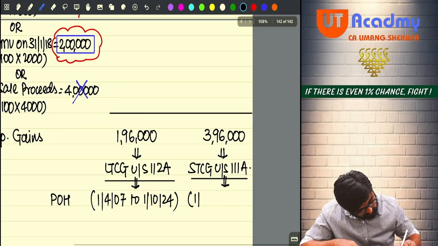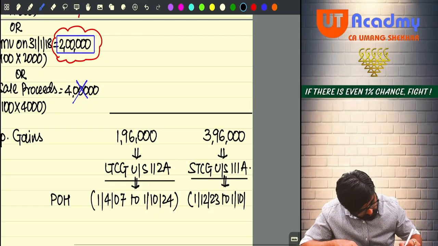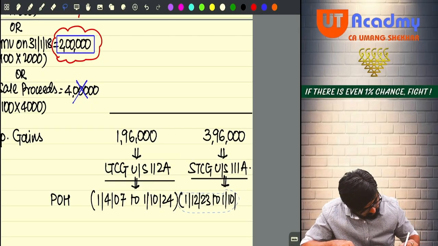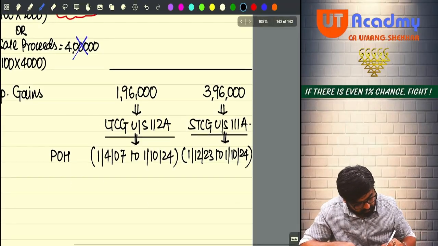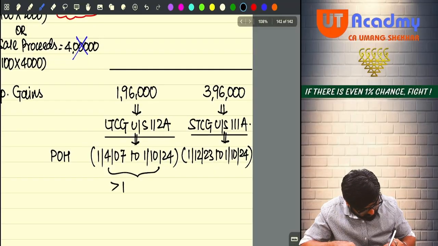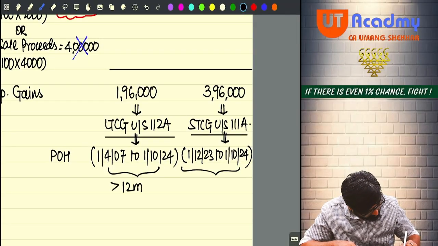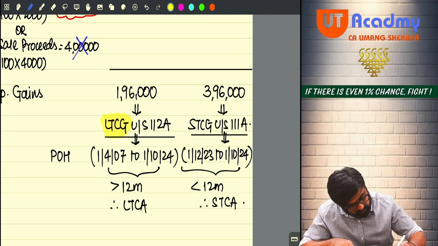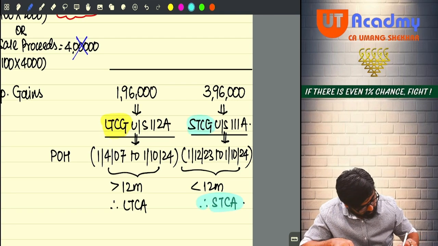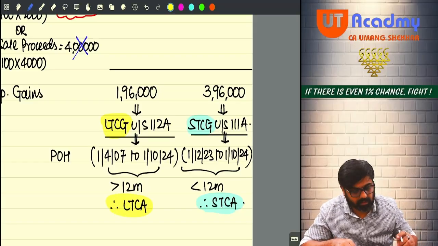So from 1st December 23 to 1st October 24. Done. This is greater than 12 months and this is less than 12 months. Therefore long-term capital asset, therefore short-term capital asset. Hence the capital gain calculated is long-term here and short-term here. Understanding, sir?